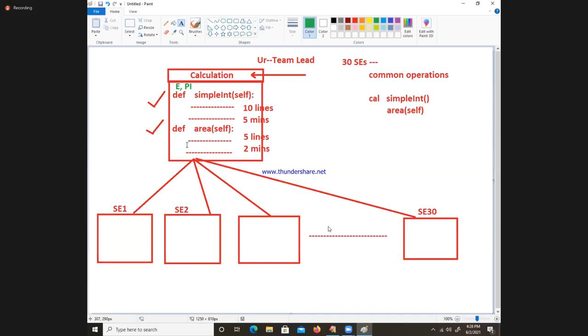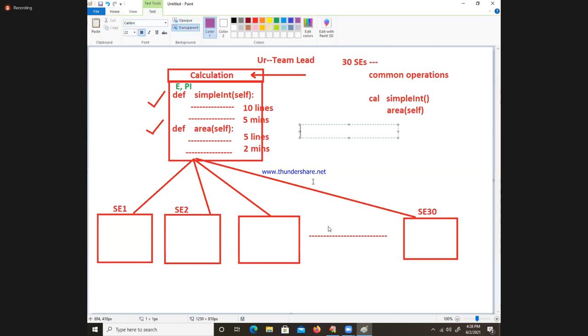Now I would like to define inheritance. With the help of you, I will define. The process of obtaining the data members and methods from one class into another class is called inheritance.